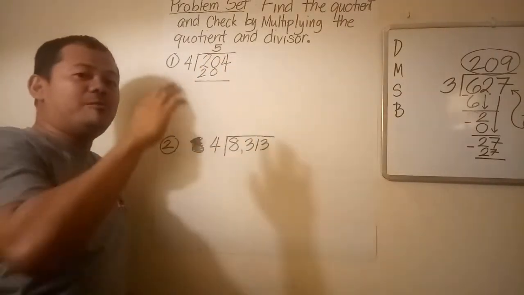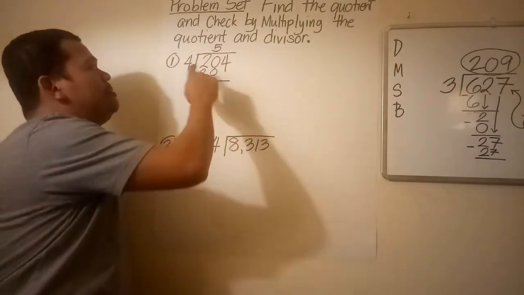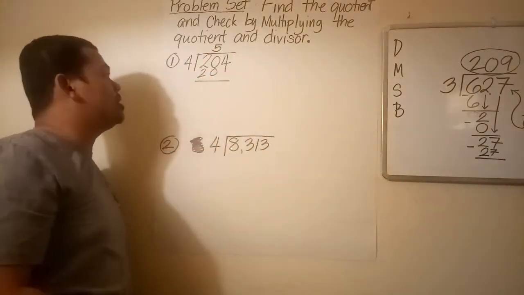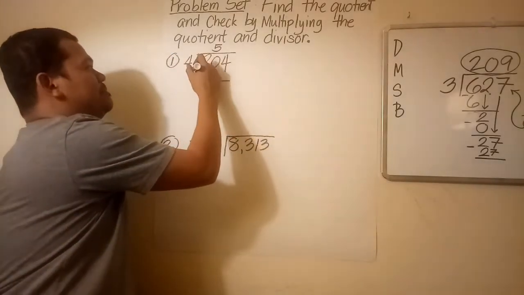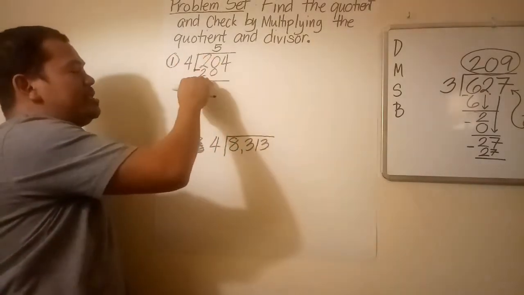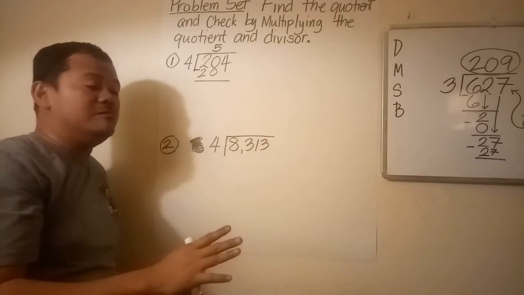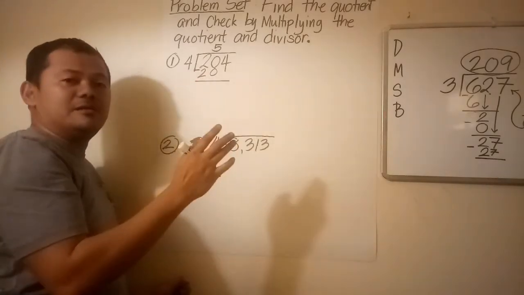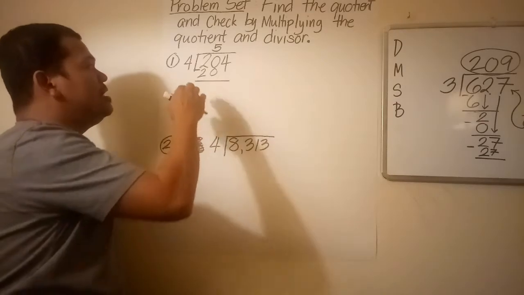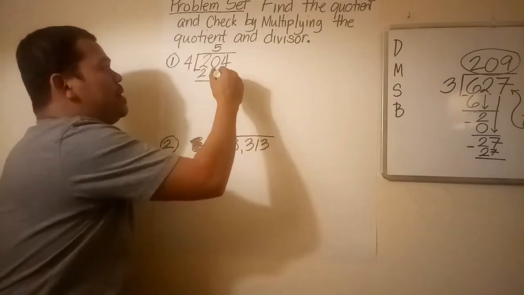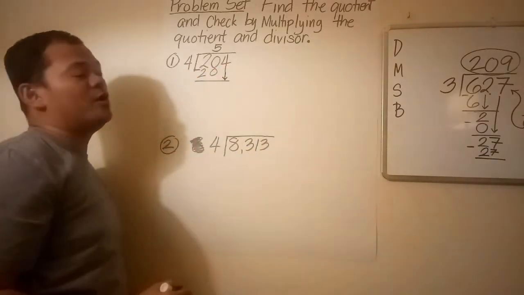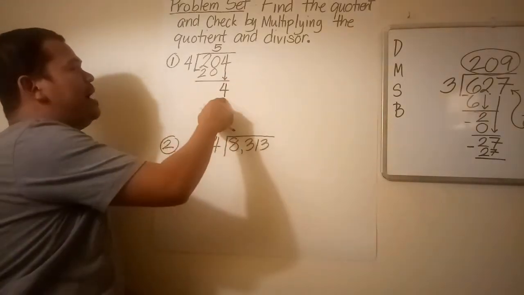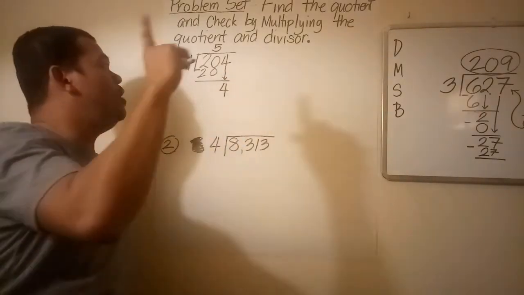Now, after we multiply, we are going to subtract. 20 minus 20 is equal to 0. It's up to you if you write 0 there or nothing. After we subtract, we are going to bring down 4. 4 divided by 4 is equal to 1.